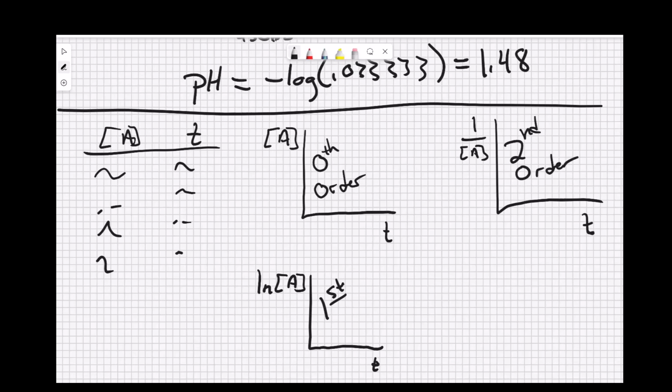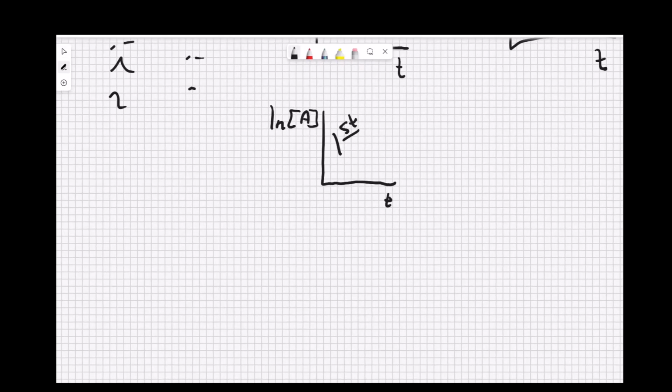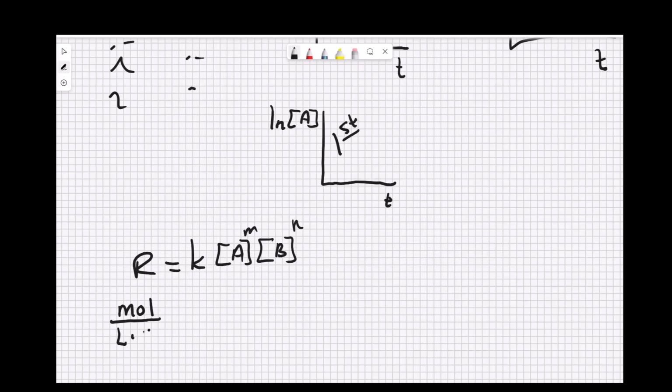The other way you can tell what order it is is by looking at the rate constant. All right. So we know that rate is equal to rate constant k times the concentration of the components to some power. And the sum of the exponents there is the overall order of the reaction, right? We know that rate has to have units of moles divided by liters second, because it's a change in concentration with respect to time.